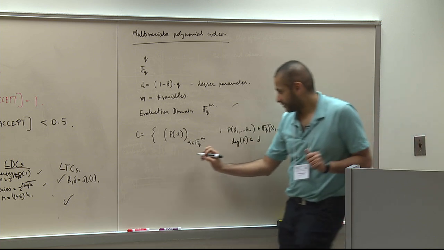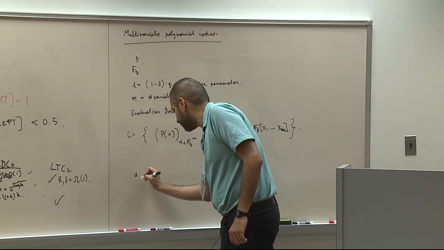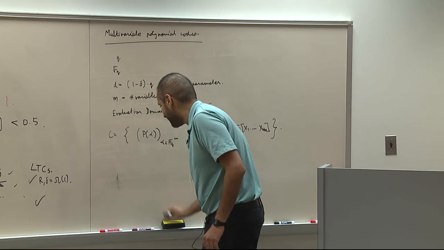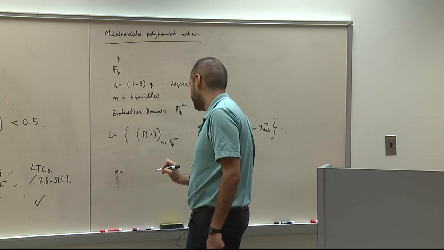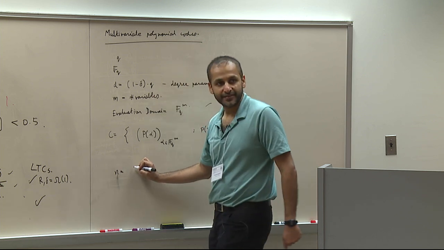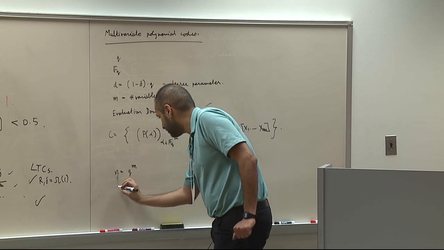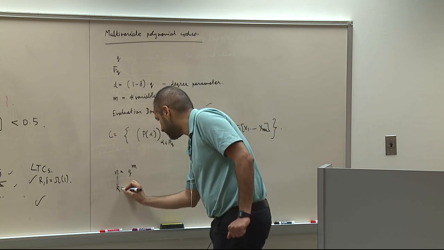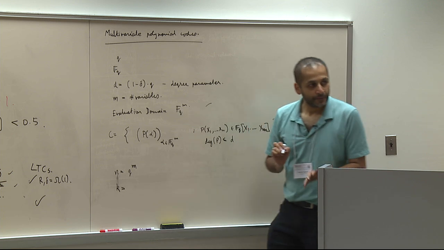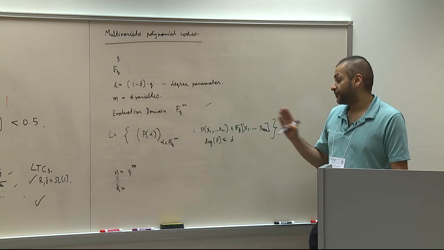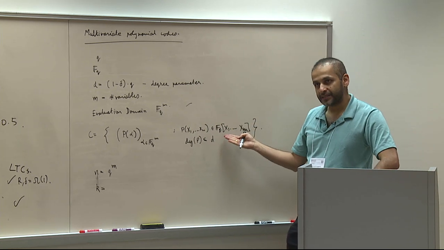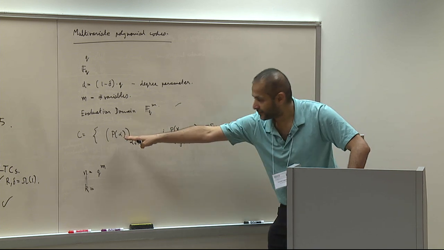What's the dimension? First, what's the length? N is equal to q to the m. What's the dimension? We're viewing it as a linear space of polynomials. Each one of them gives you this vector of length q to the m.